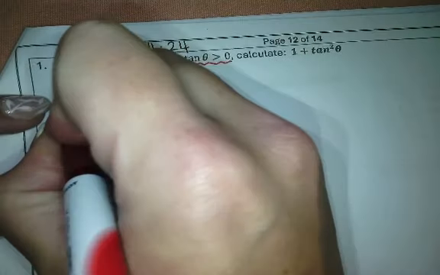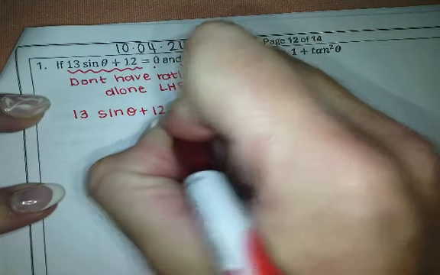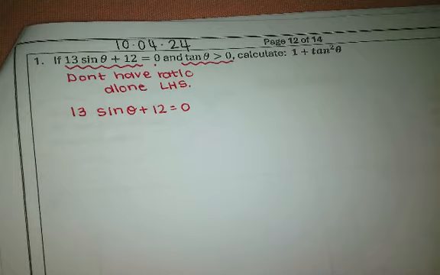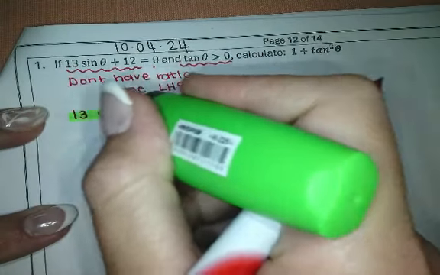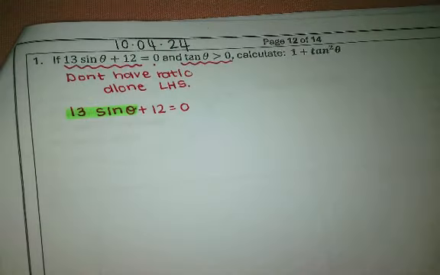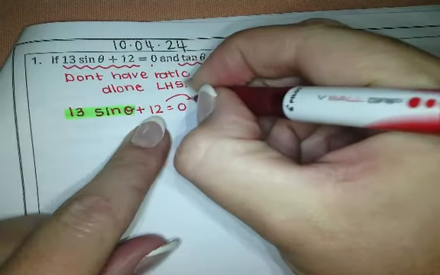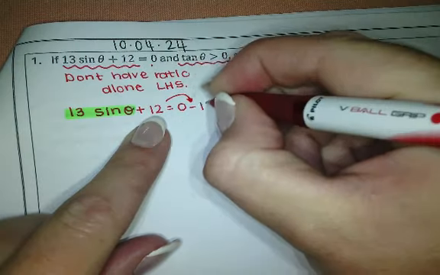So we've got 13 sin theta plus 12 is equal to 0. We need to get sin theta alone on the left-hand side. First things first, sin theta is attached to the 13, right? So what's going to have to go over first is the 12, and when we take the 12 over it becomes a negative.